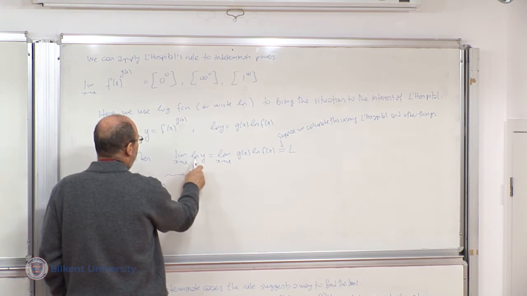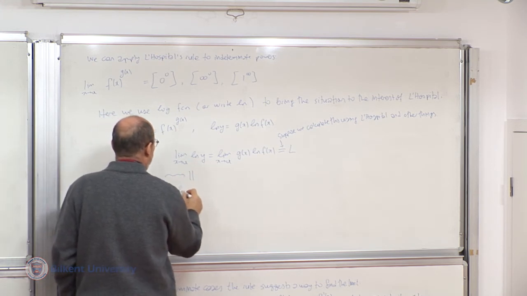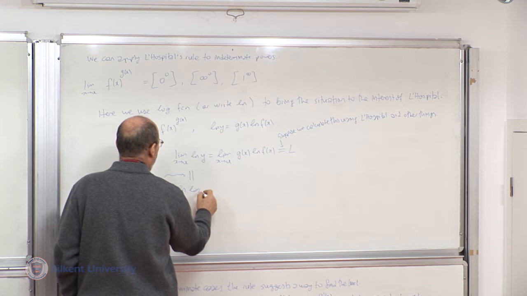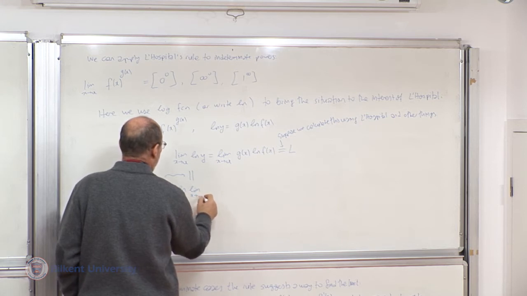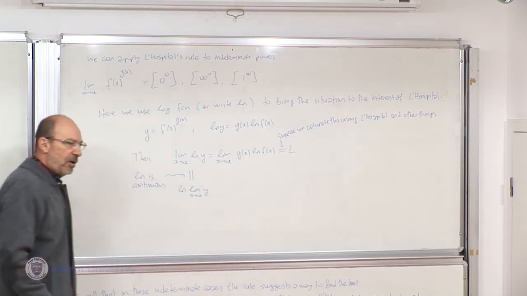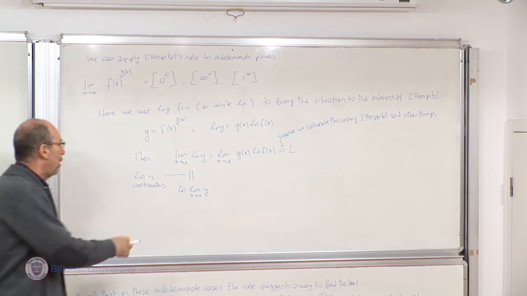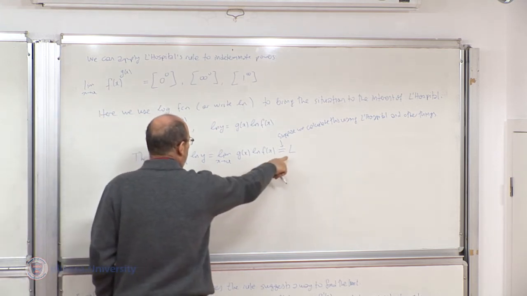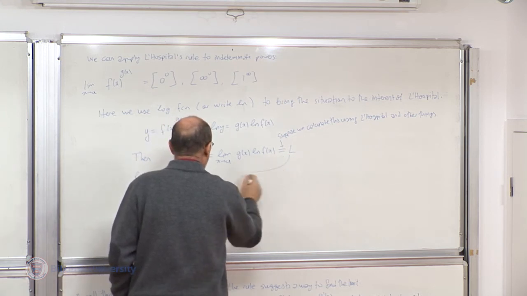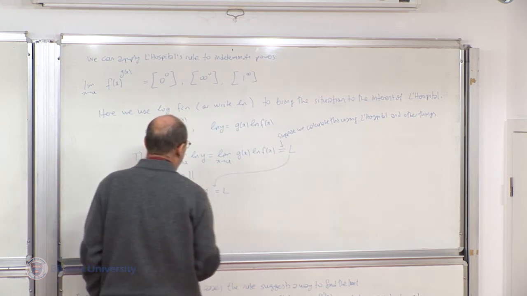Continuous means that the limit goes inside: ln of the limit as x goes to a of y. So this is the definition of a continuous function. Okay, the value of the function at the limit is the limit of the function. And now this thing is equal to L. Okay, so we take it here. We know that this is equal to L.